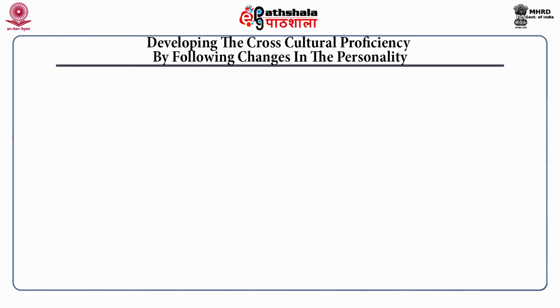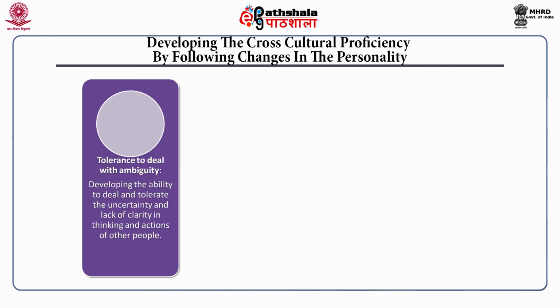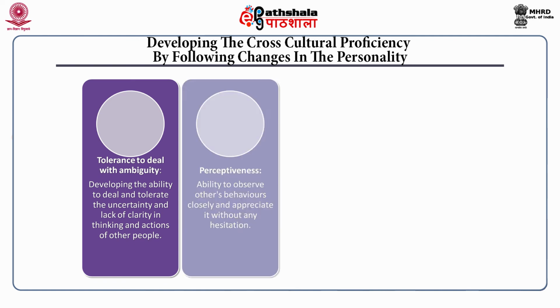Developing cross-cultural proficiency by following changes in personality. First, tolerance to deal with ambiguity. Developing the ability to deal with and tolerate uncertainty and lack of clarity in the thinking and actions of other people. Second, perceptiveness. Ability to observe others' behaviors closely and appreciate them without any hesitation.